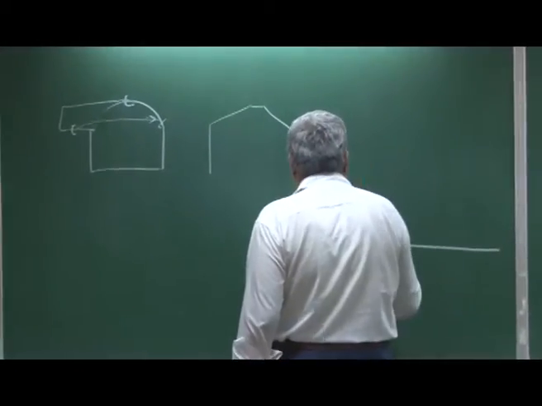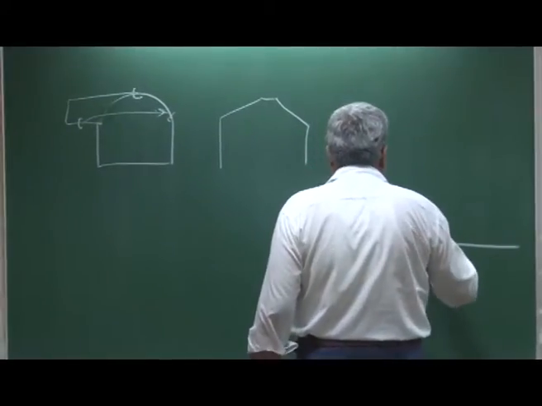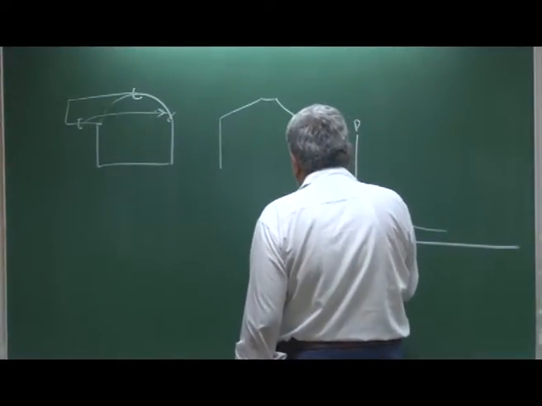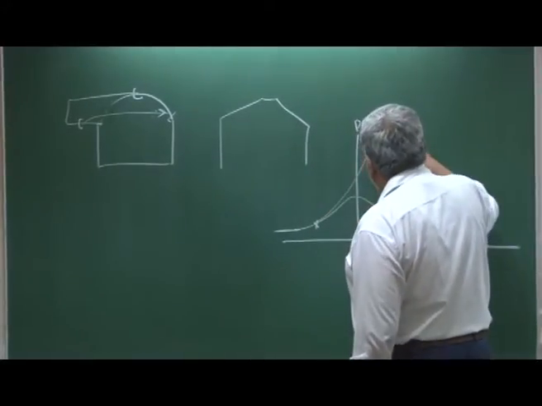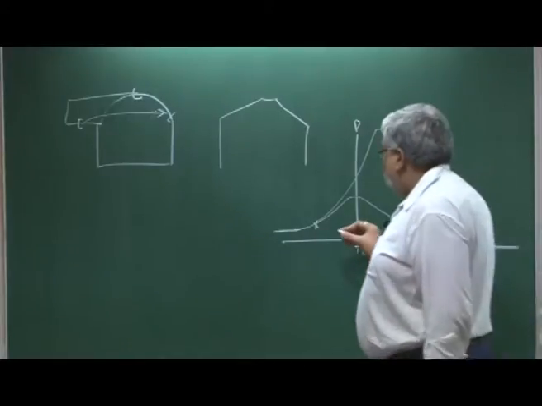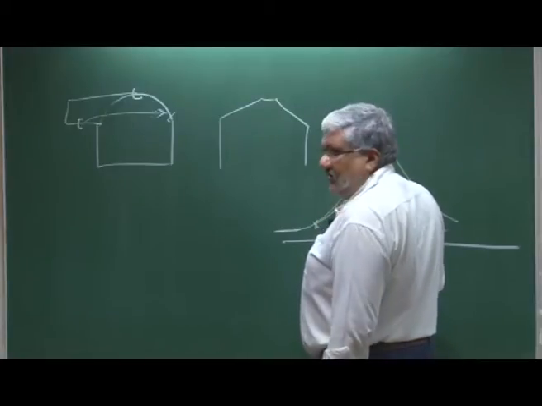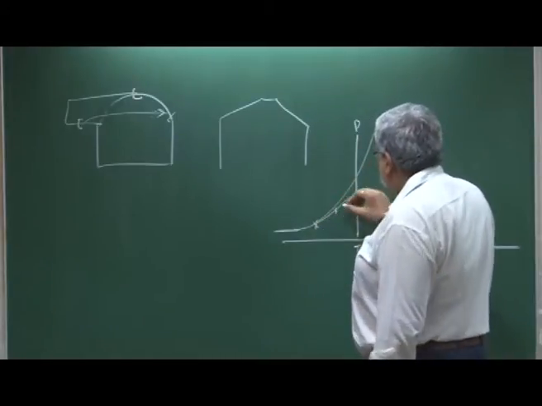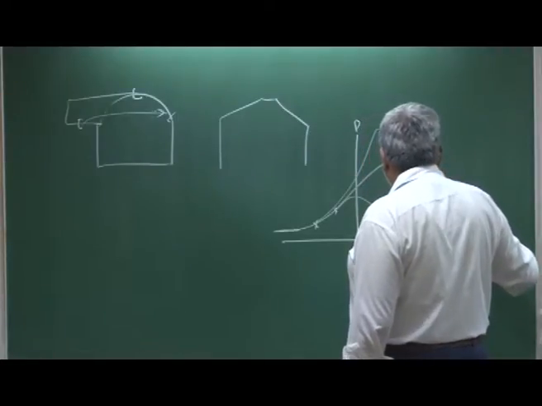This is pressure, this is TDC, and this is my motoring diagram, and if I apply the spark here, my pressure diagram will be something like this, right. If I retard my spark timing and apply the spark here, how will it look? It will look like this.